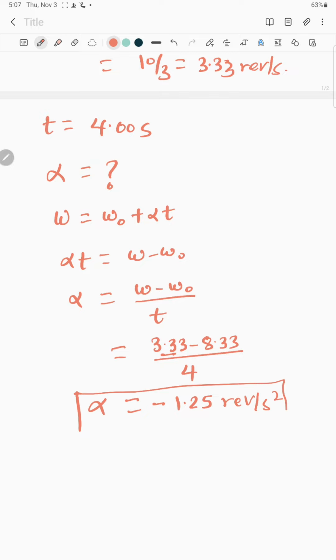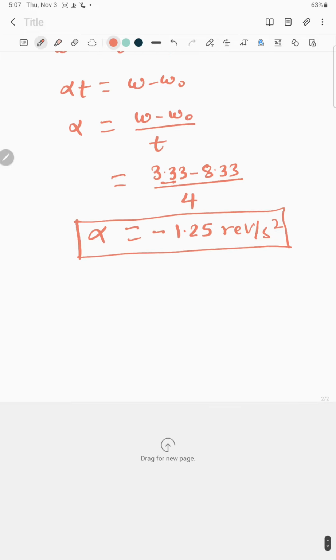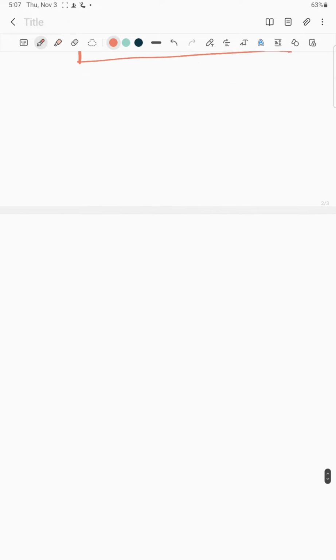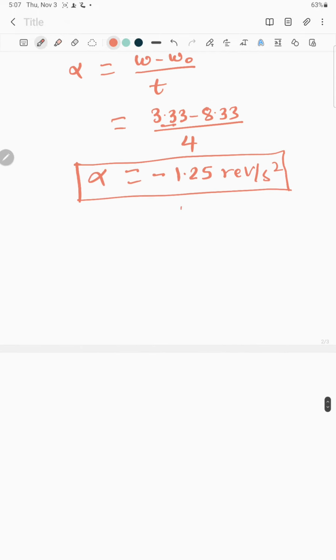This is the value of alpha, the rotational acceleration. This is the first thing we have to calculate here.